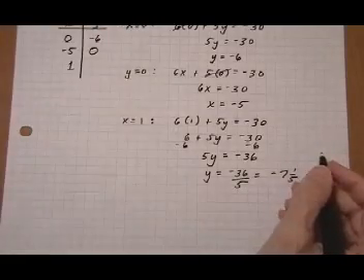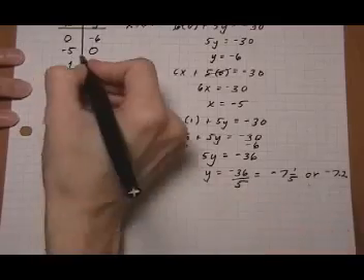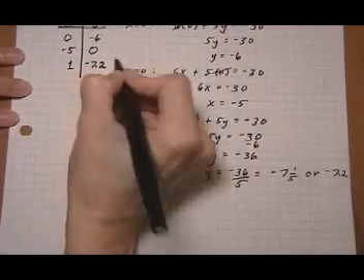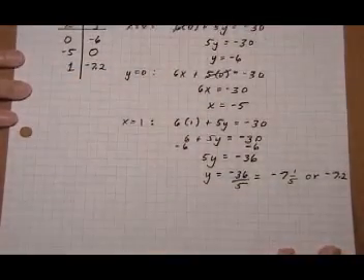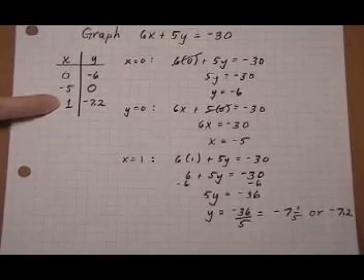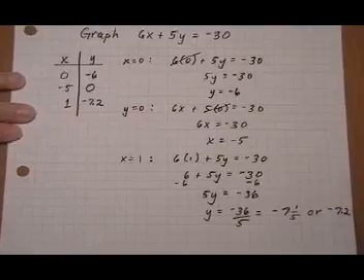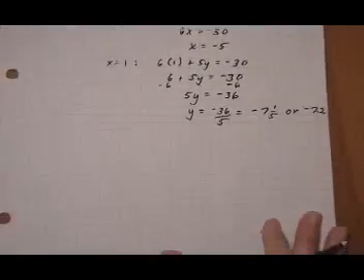So either way, fractions or decimals, that'll give us our next point. So minus 7.2 will be our third ordered pair. When x is 1, y is minus 7.2. And now we can graph our 3 points.